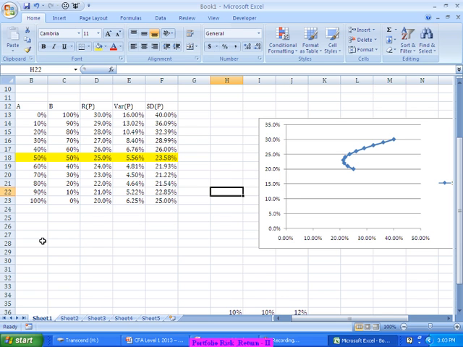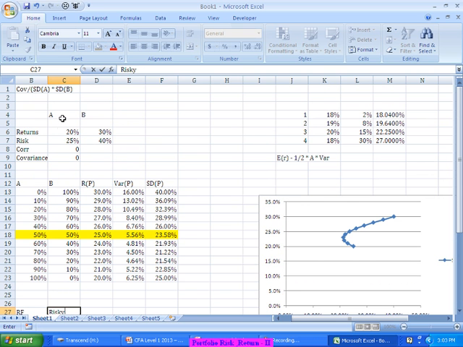Now what I'll do is, I'll take two scenarios. One is risk free, the other is risky. What are the numbers for these? What are the returns of the risk free? Let's assume whatever is the risk free rate of return, I'll assume some 10% is the risk free rate of return. What does that mean?